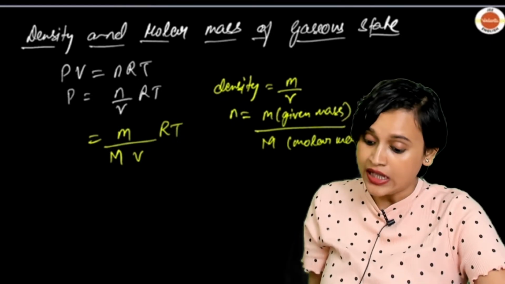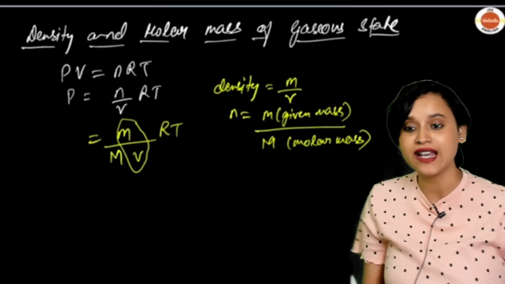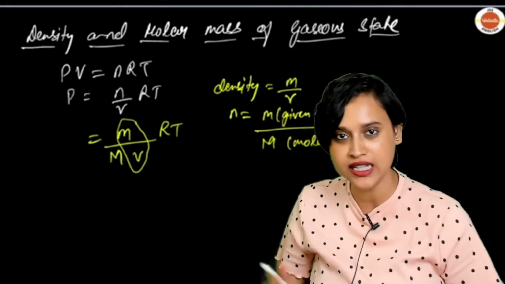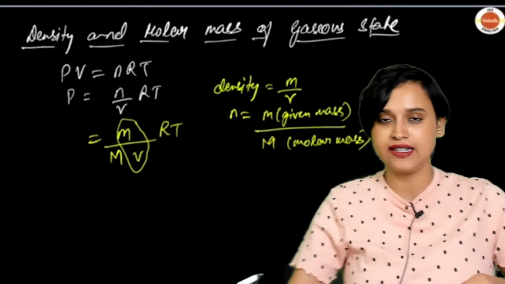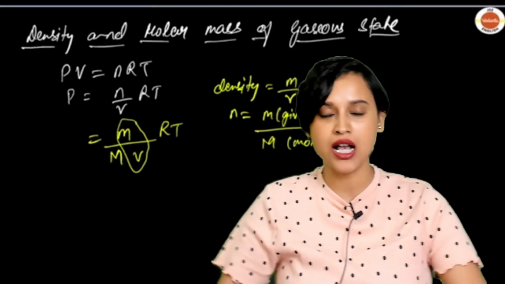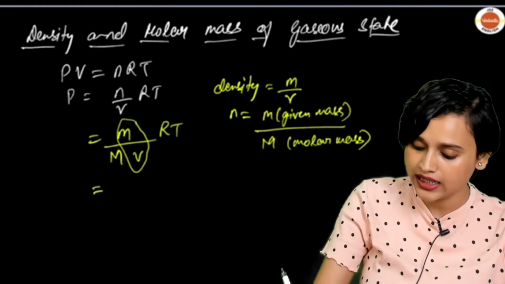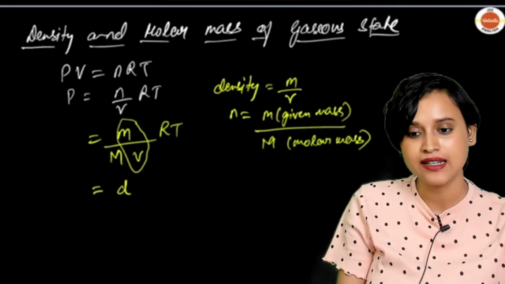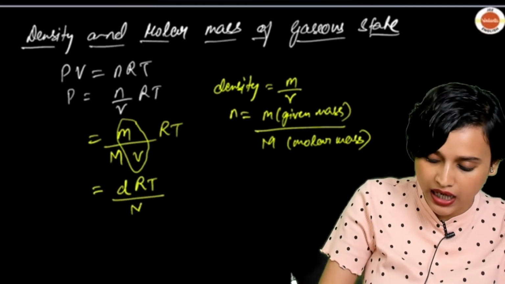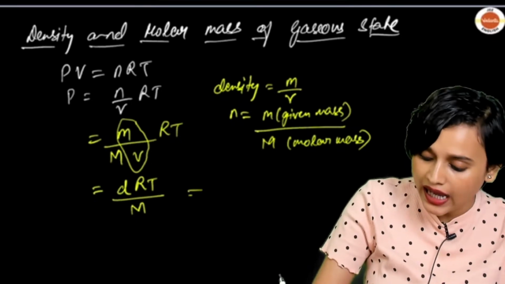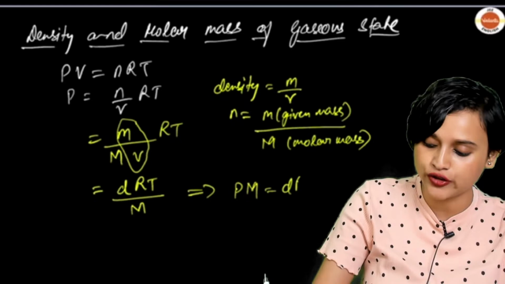And what is this m divided by V, my dear students? Density is equal to mass by volume, isn't it? I just spoke to you about this. That means for this m by V, I can write d. So P equals dRT divided by capital M, and that means this becomes P multiplied with M is equal to dRT.